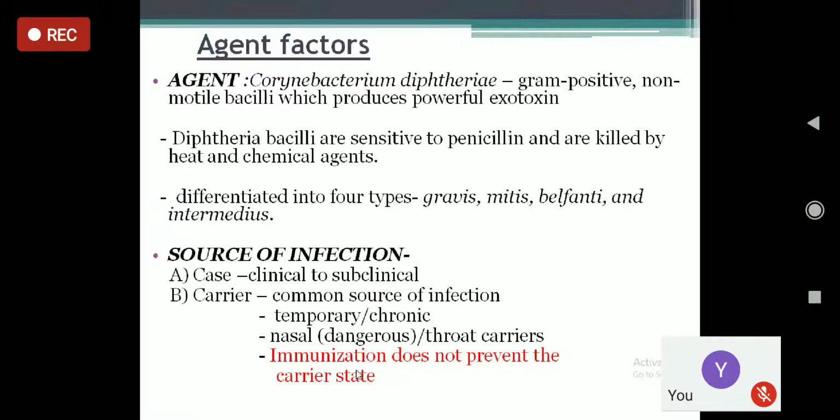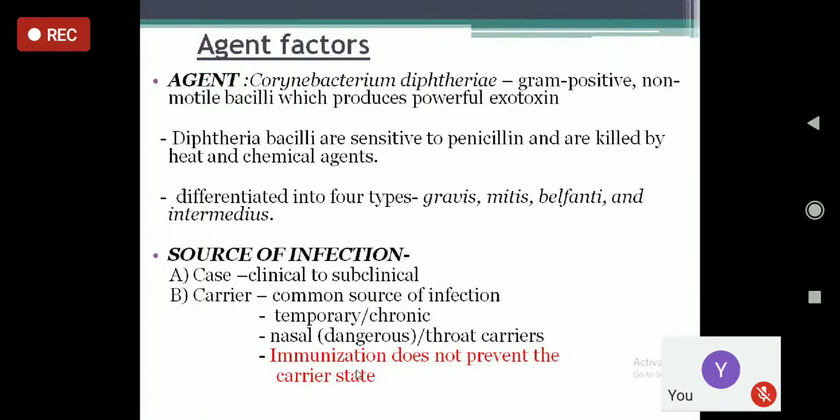And the carrier state. Carriers are people who harbor the bacteria but are asymptomatic, yet have the capacity to transmit the infection to others. Carriers are the most common source of infection as compared to cases, and a carrier could be temporary or chronic.